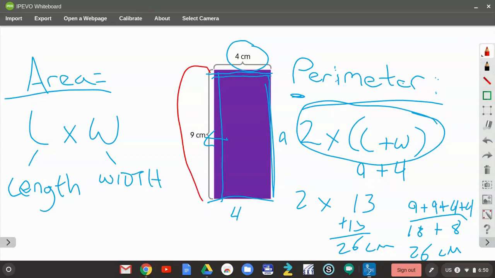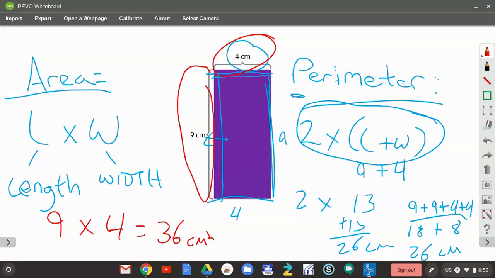Our length is 9, so we have 9 times, what's our width? Our width is 4. So 9 times 4 is 36. And I have centimeters, and I have to put this little 2 there. It's hard to read. That means 36 square centimeters because area is measured in square units.